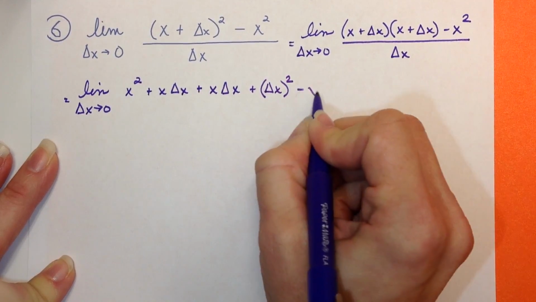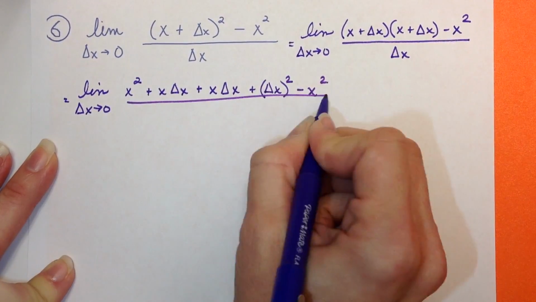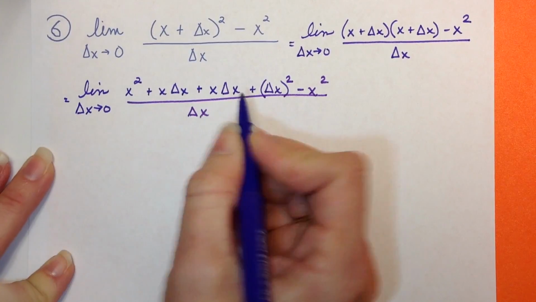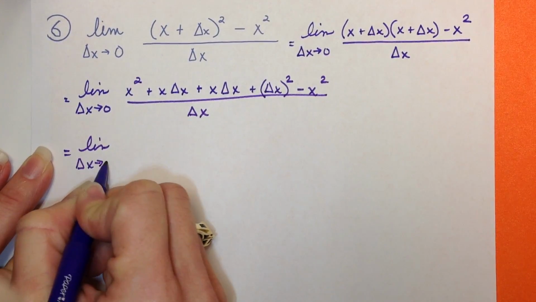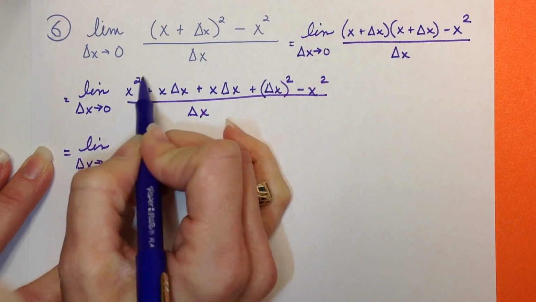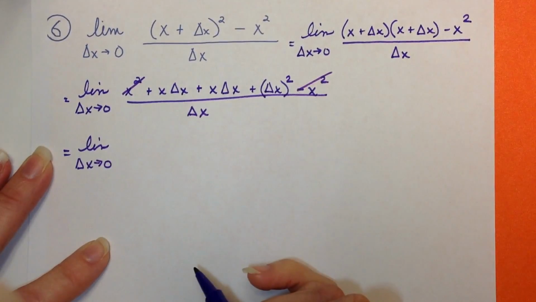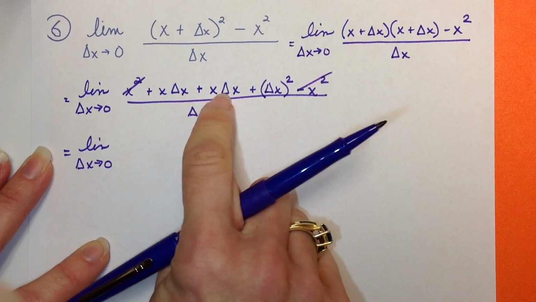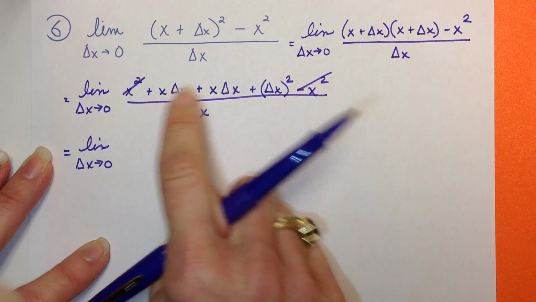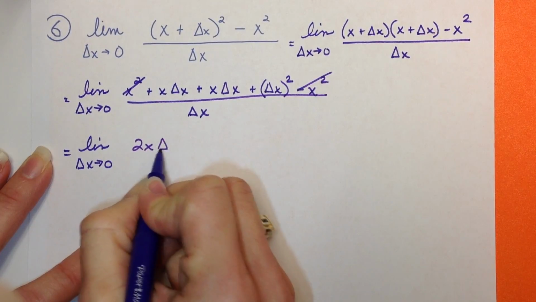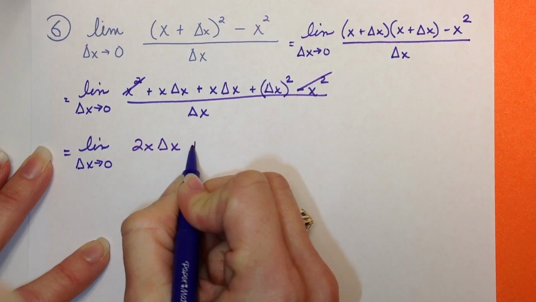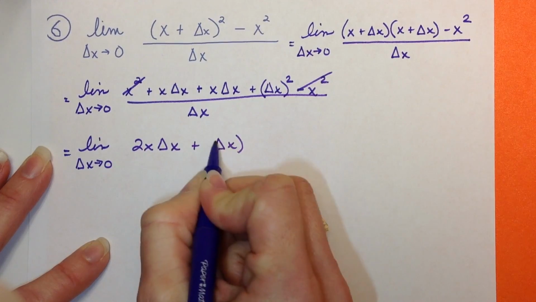And then bring down the minus x squared over delta x. Okay, next. Your x squares are going to add out. You will be able to combine these two together, so 1x delta x plus 1x delta x is 2x delta x. And then bring down the plus delta x squared.